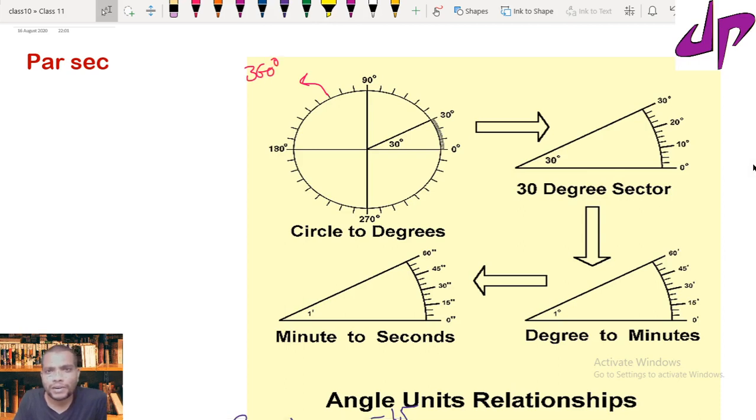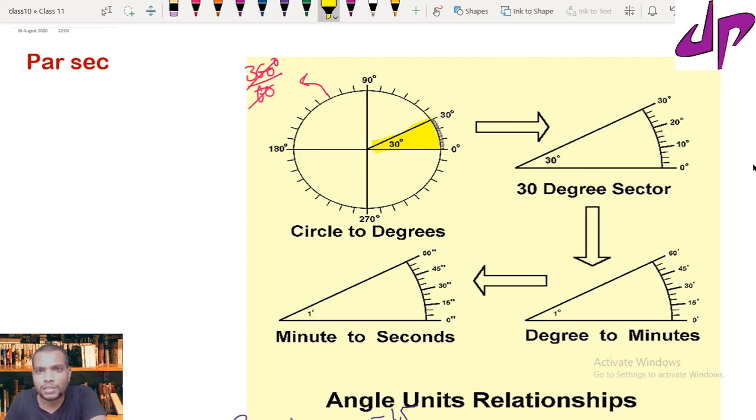We can divide the 360 degrees into equal parts. If we divide by 60, we get equal parts of 60 degrees each. Now I have taken a portion of 30 degrees.